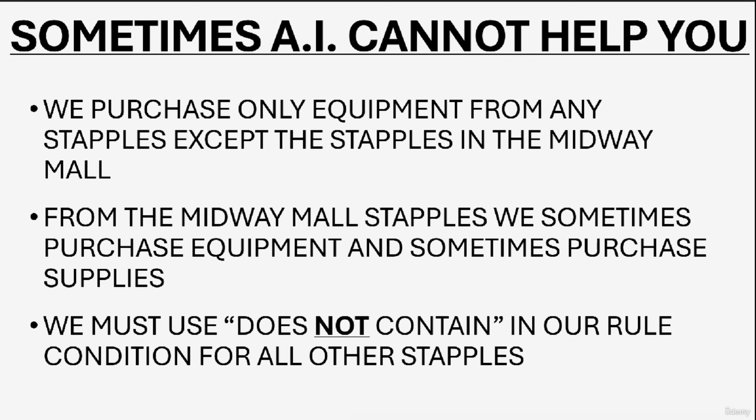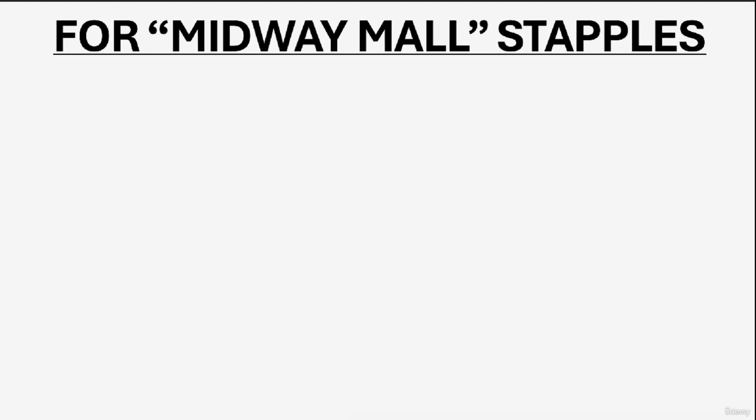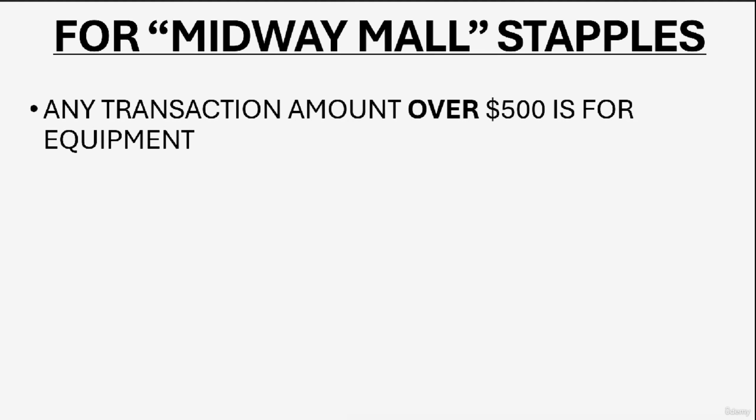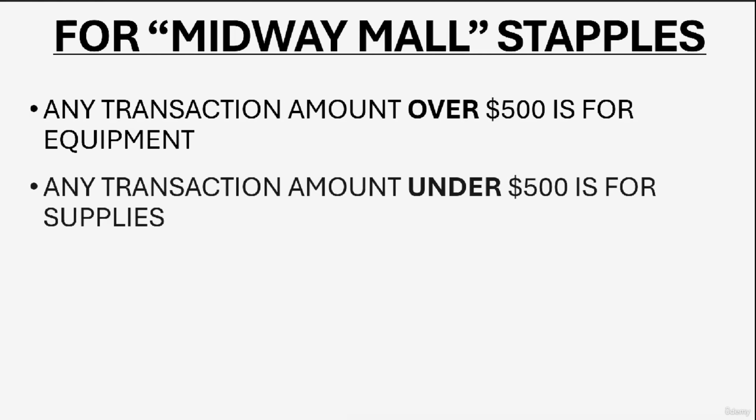And now we have an opportunity to make things even more convenient by zooming in to the Midway Mall Staples transactions and putting rules for that so that all of them can be entered automatically. Let's imagine that if in fact you purchase something from the Midway Mall, any transaction over 500 will definitely be for equipment, and any transaction under 500 is for supplies.